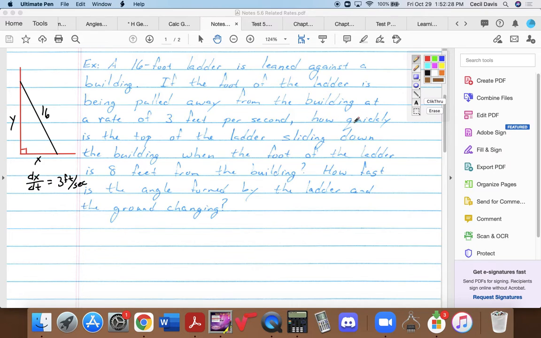And they want to know how quickly is the top of the ladder sliding down. So we want to know how fast is this distance changing. So what is dy/dt? At a particular, it's almost always at a particular time when the foot of the ladder is 8 feet from the building. So when x equals 8.